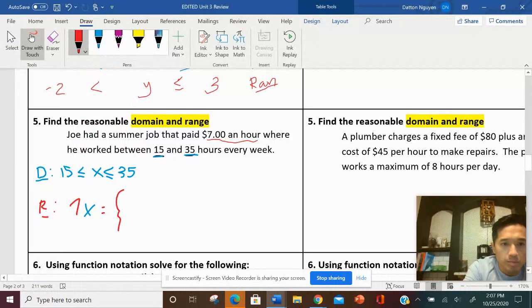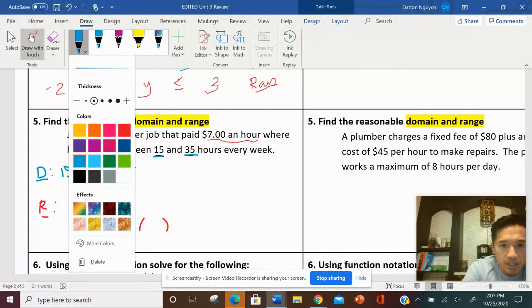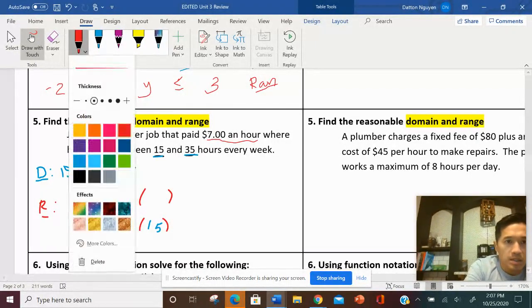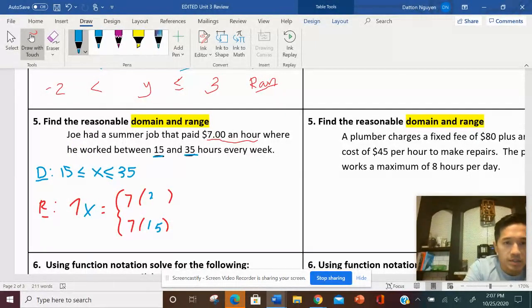It's going to give me two possible values. 7 times 15 is my lowest amount of money I can make. And then 7 times 35. That's the highest amount I'm going to make.